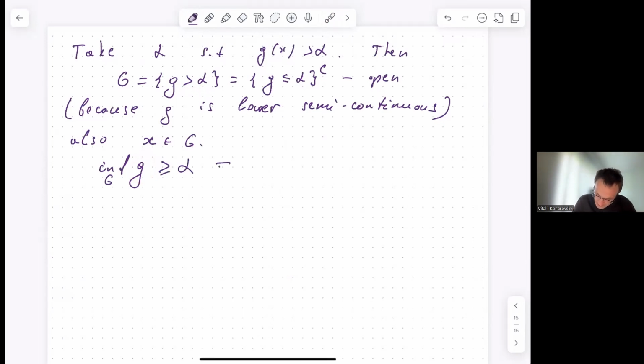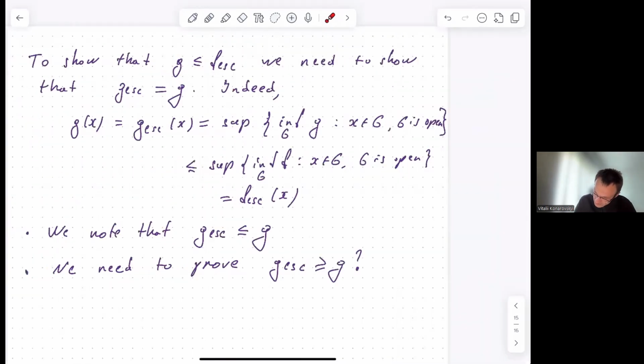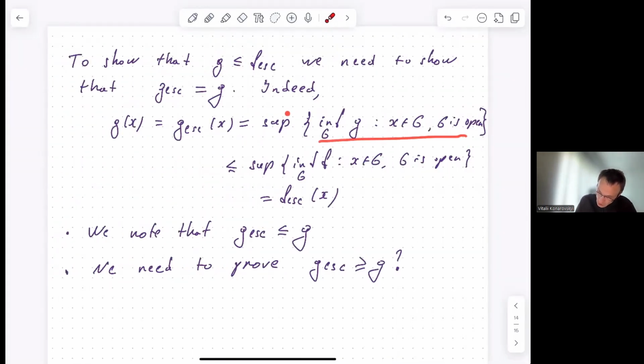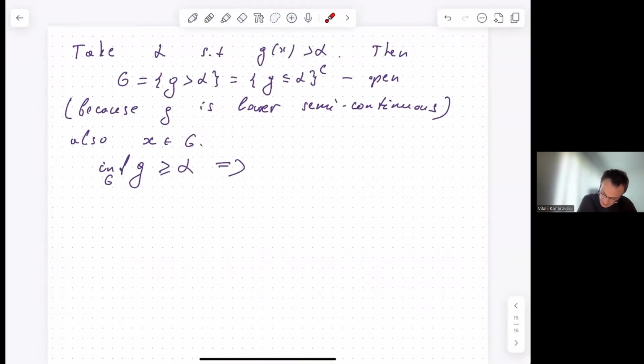And since, as we said, G is one of the sets here, then the supremum must be larger than this particular infimum. That implies that the supremum of the infimum over now any arbitrary open G such that X belongs to G must also be larger or equal than alpha.